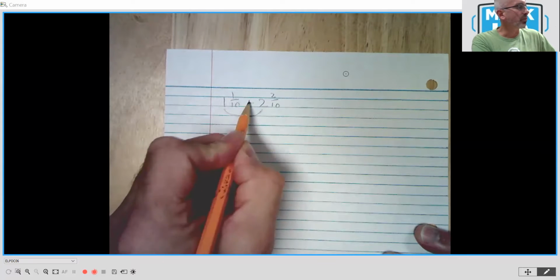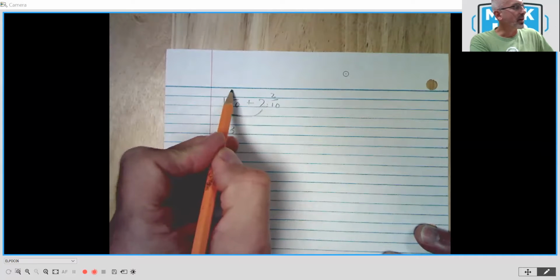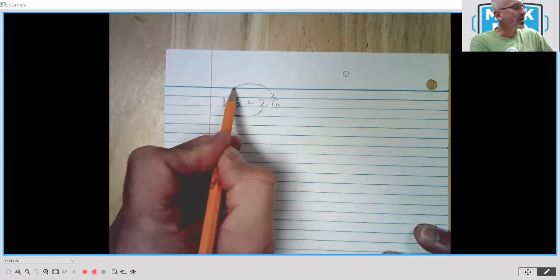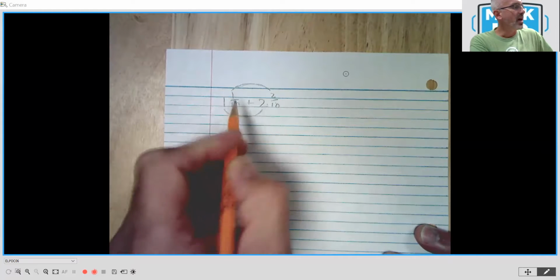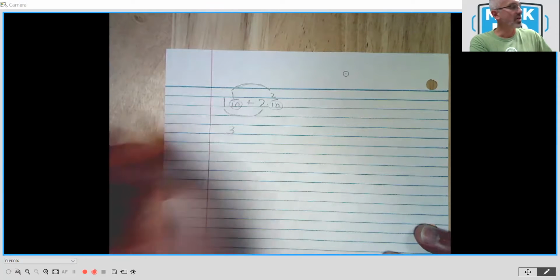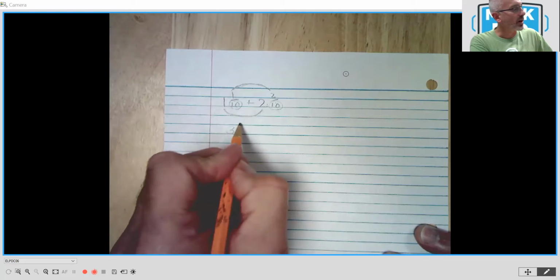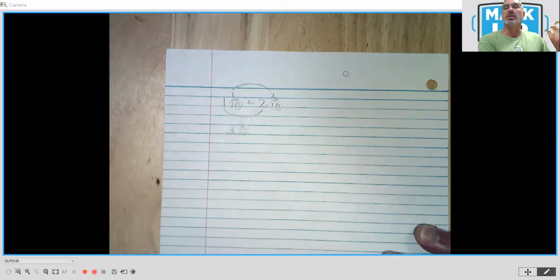So we're going to say 1 plus 2, and that's 3. And then we're going to take a look at the fraction portion, and do the same thing, 1/10 plus 2/10. Since we have a common denominator, or like fractions, all we have to do is add the numerators and we get 3/10. Okay, that was a very simple and basic problem.